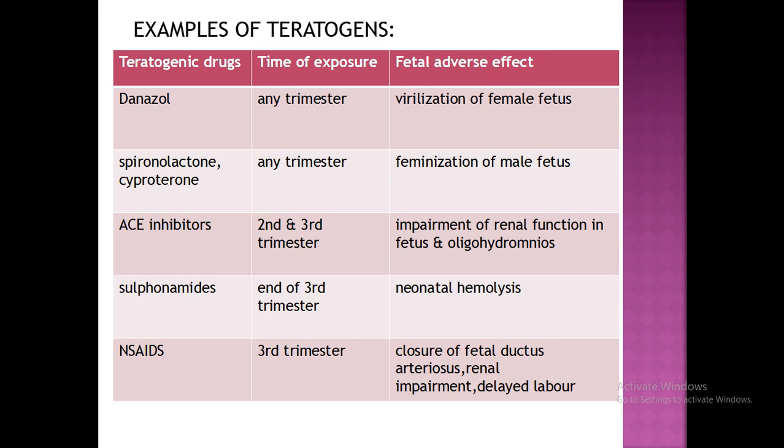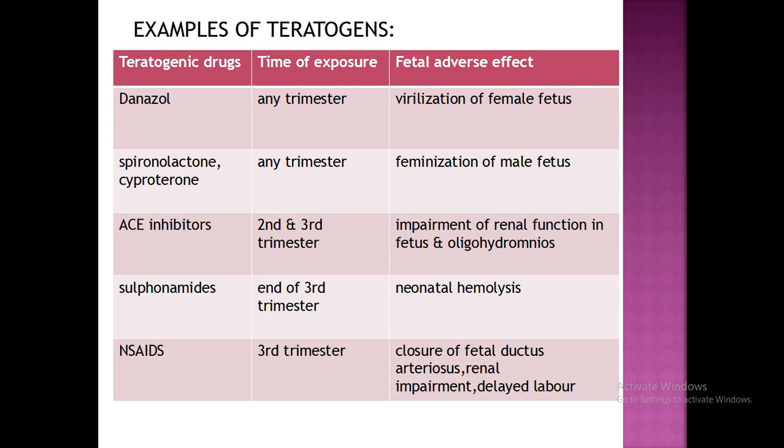Then spironolactone, which is a diuretic, and cyproterone, which is an anti-androgen. At any trimester, if the mother gets exposed to spironolactone or cyproterone, it leads to feminization of male fetus. So male fetus completely transforms into a female fetus.